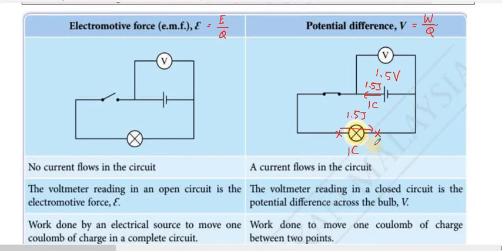So this voltmeter shows the reading of the potential difference from here until here, right? So this reading should show 1.5 volt also, because from here to here every 1 coulomb does the work of 1.5 joule, so the potential difference is 1.5 volt. So the reading will show 1.5 volt.